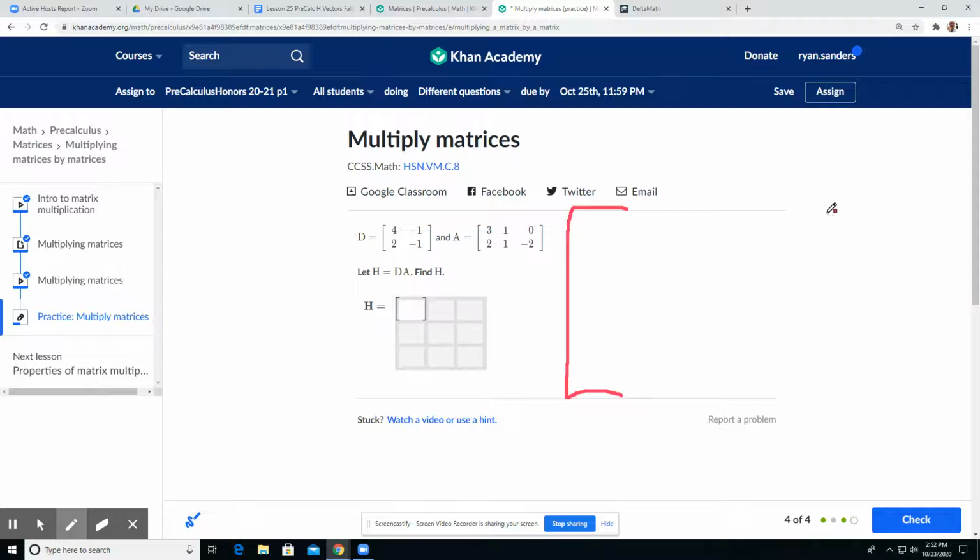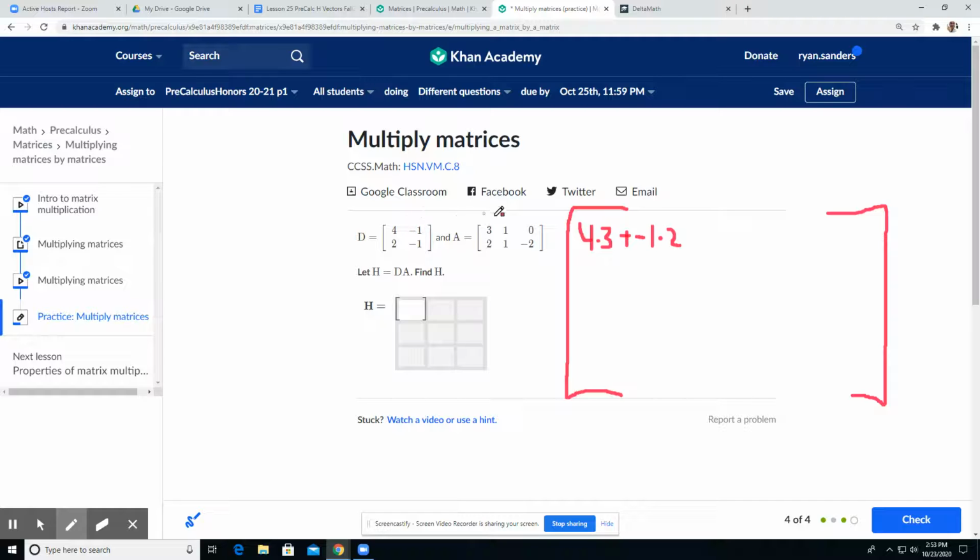Give myself some nice big room to work here. First row times the first column. 4 times 3 plus, always adding when you move on to the next one, -1 times 2. Going to the next one, looks like it's going to be a 2 by 3 answer.